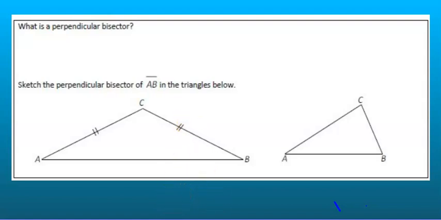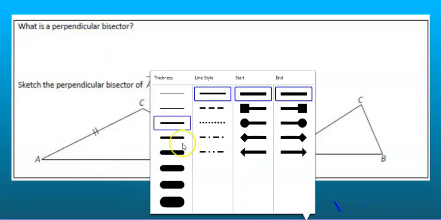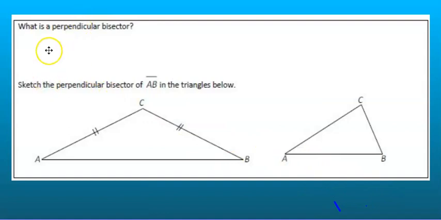And I'm trying to think how I want to define this. I think I want to define a perpendicular bisector as, oh, it's not giving me my pen. Let me try again.